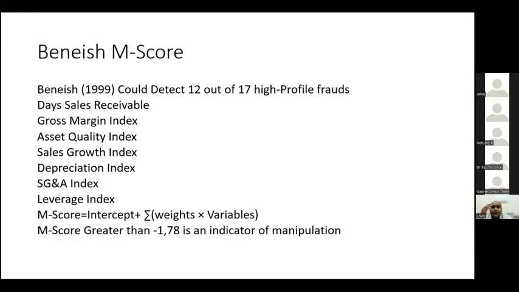If the value is greater than minus 1.78, it is considered a sign of manipulation. If I get minus 2.78, it is lesser than minus 1.78, so it is not flagged. That's how the M-score is calculated.